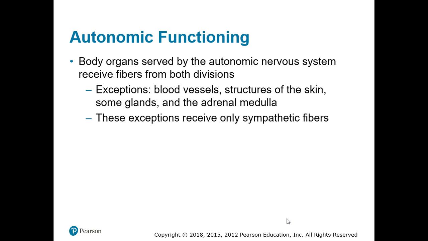Some exceptions include blood vessels, structures in our skin, such as your sweat glands and even your erector pili muscle, and your adrenal medulla only receive sympathetic fibers. They do not receive your parasympathetic fibers.